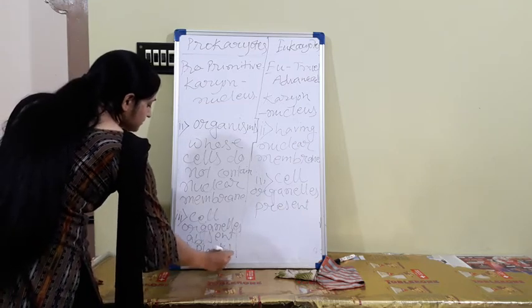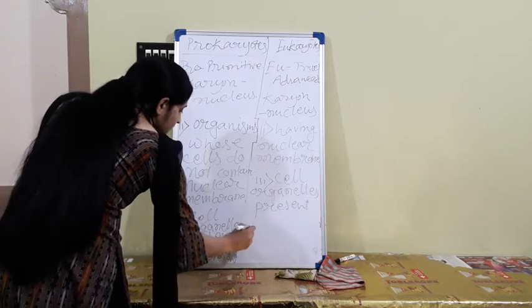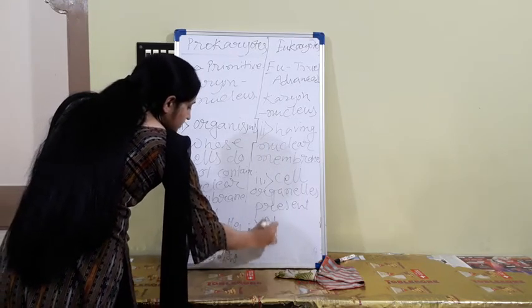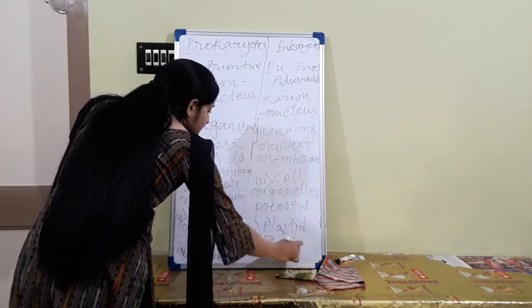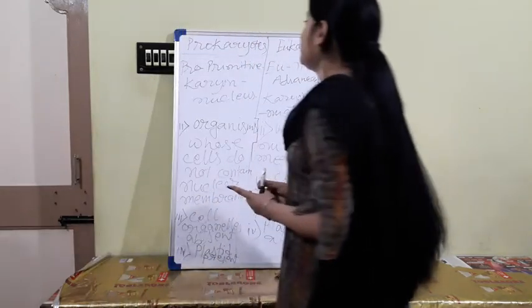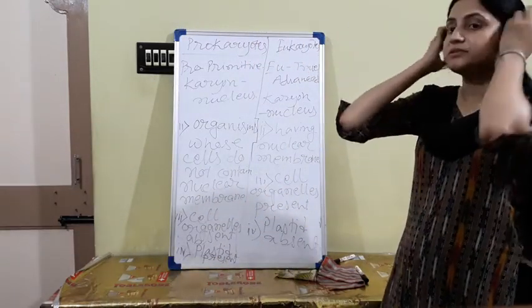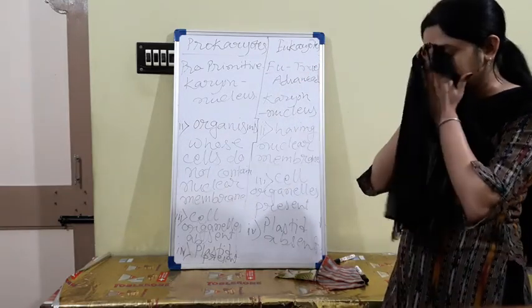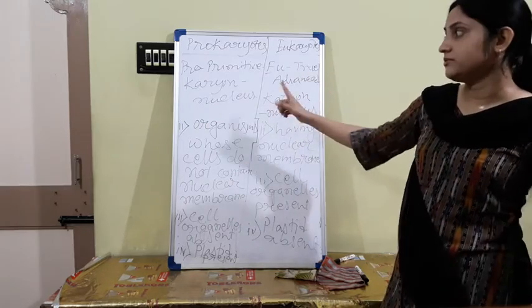Plastid absent. So the main difference between the prokaryotes and eukaryotes is that one is primitive type, and the other is advanced or new. Pro means primitive, karyon means nucleus, and eu means true or advanced nucleus.